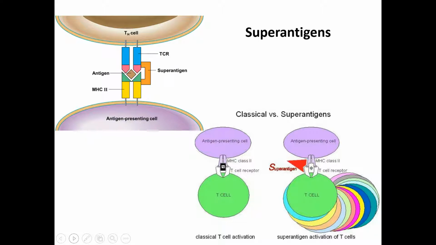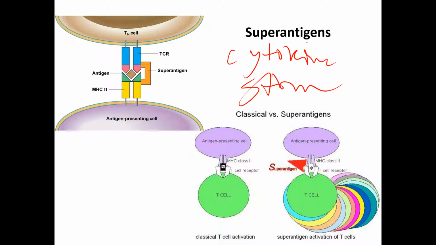And it's this over-amped production, so you get what's referred to as a cytokine storm, which can lead to toxic shock or shock. So you get an overactivation of T cells. So rather than a small localized response, you get a huge systemic response, which is something you don't want.